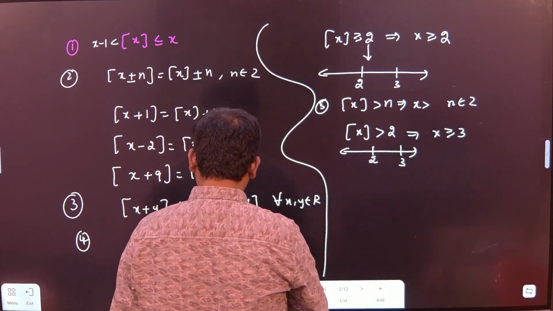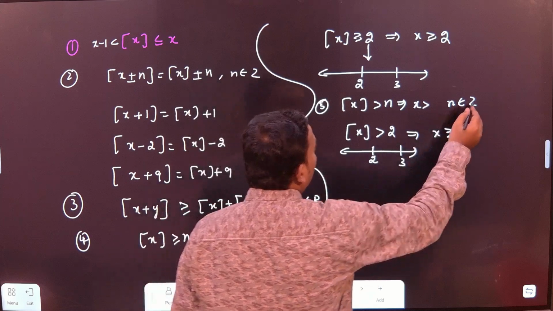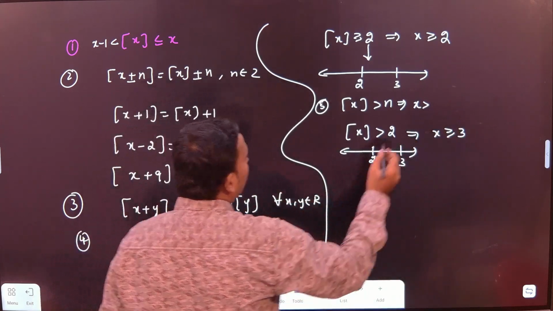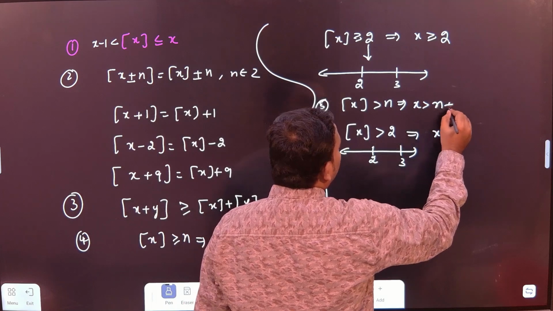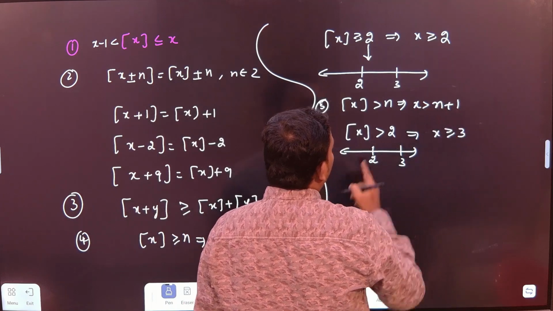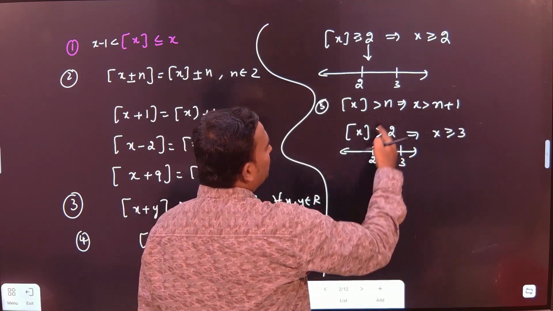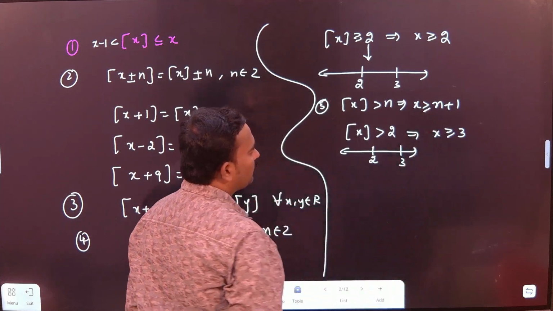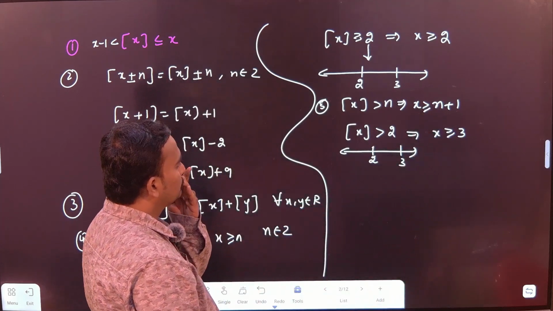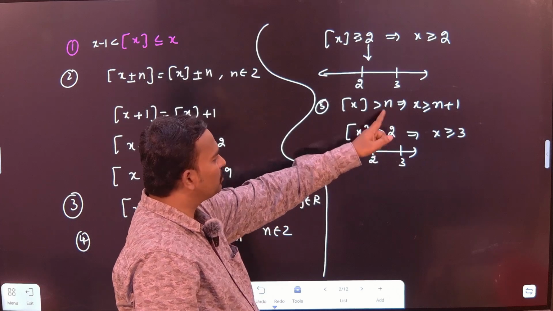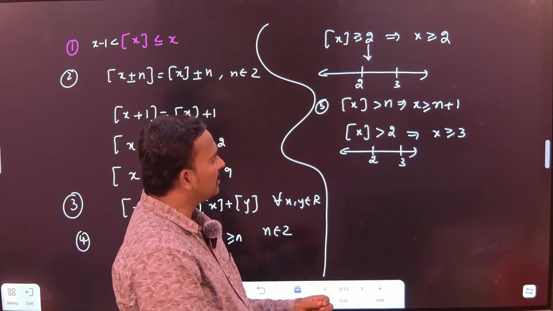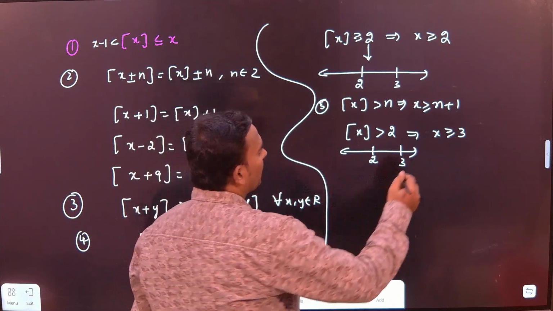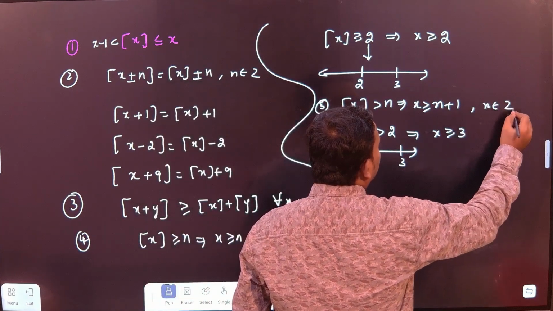So how to write this quickly? x is greater than or equal to n plus 1. Suppose here n is 2, then 2 plus 1 is 3, so x is greater than or equal to 3. Clear? N belongs to integers, right?